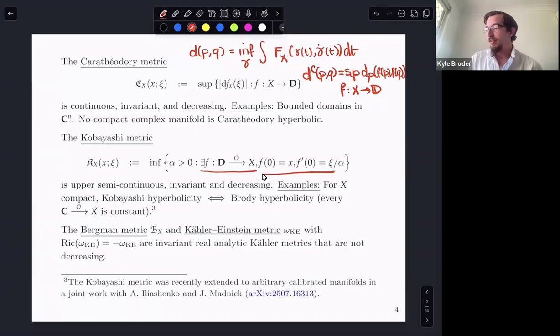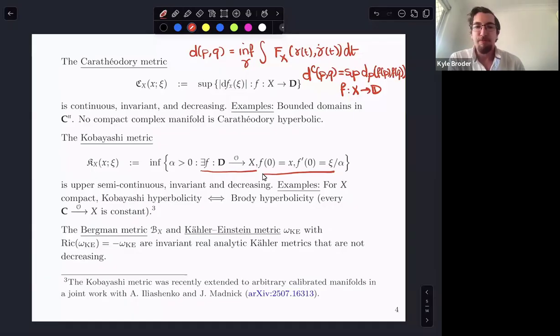On the other hand, there are these other very nice invariant metrics that have been discovered. I'm not going to actually describe how to get them because the construction is a bit more involved. But one has the Bergman metric and the Kähler-Einstein metric. And for me, Kähler-Einstein is always going to be the unique Kähler-Einstein metric with negative Ricci curvature.